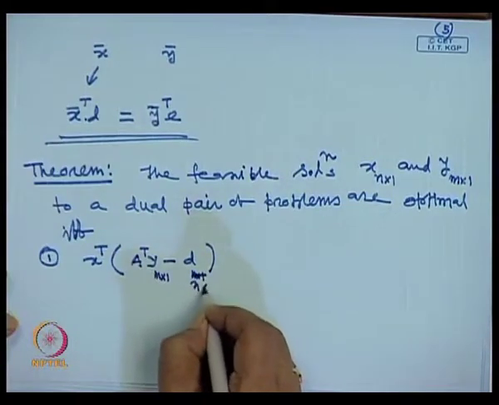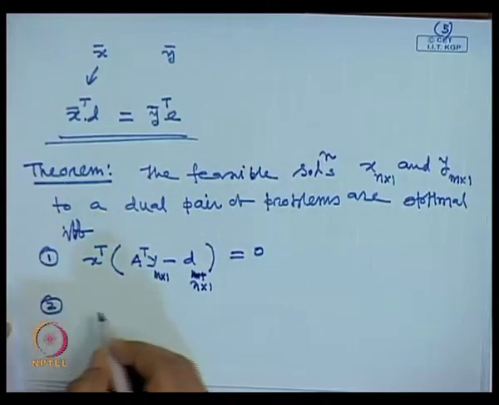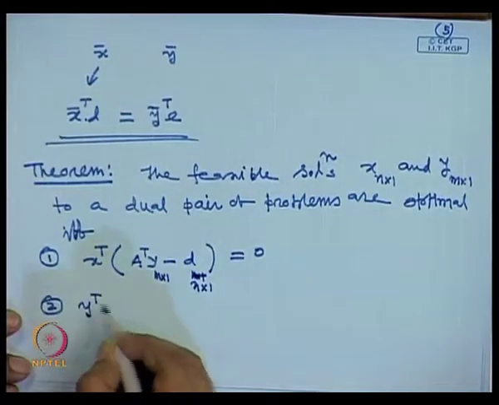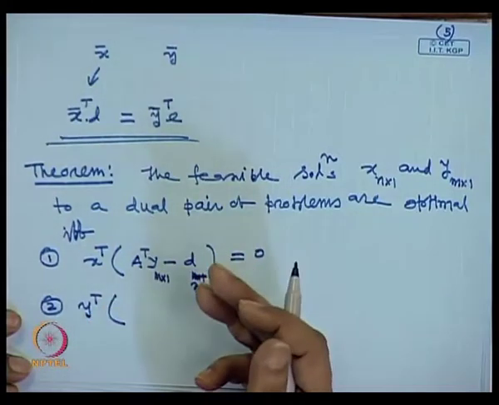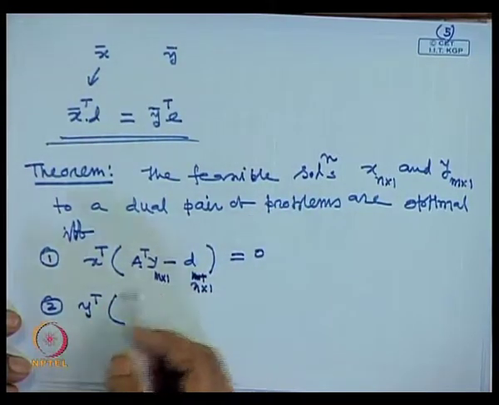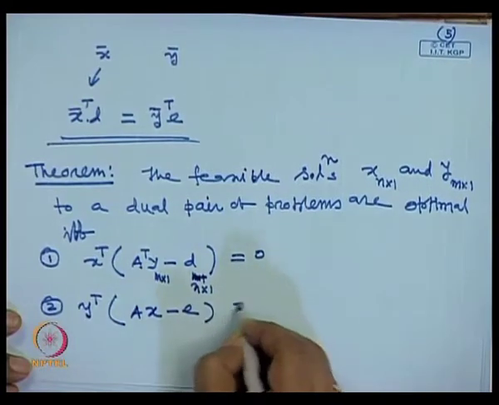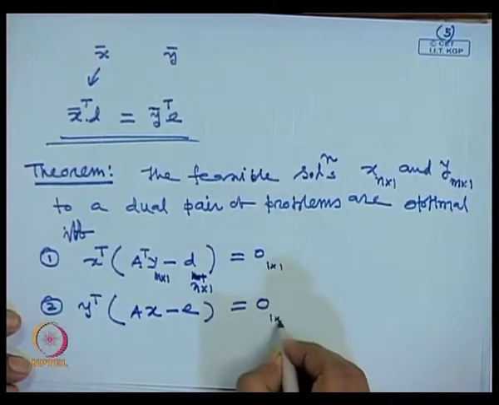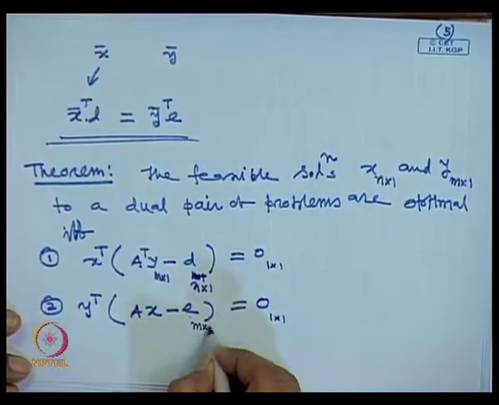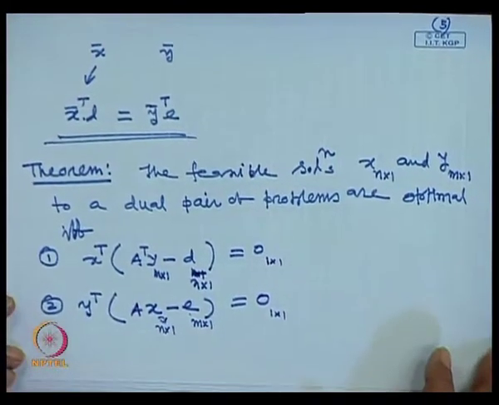Another condition is that y transpose times the inequality constraints in the primal problem, that is A x minus E, is equal to 0. This is a scalar quantity, this dimension is m cross 1 and this dimension is n cross 1. Similarly, you can find the other dimensions as you know earlier.